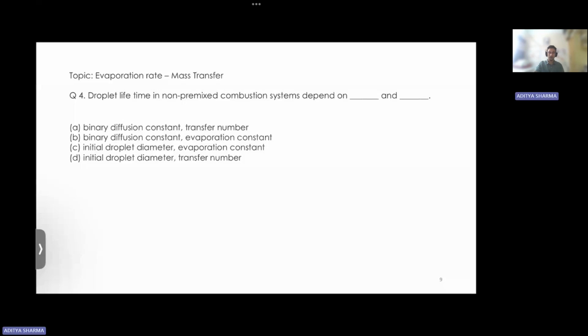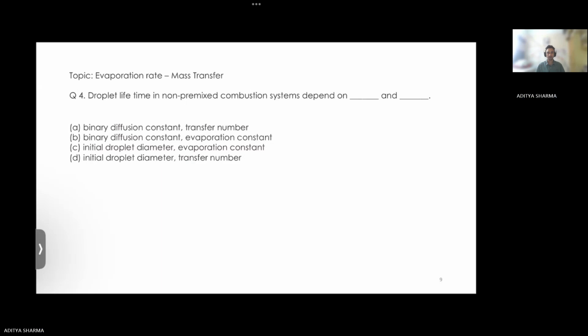First of all, what a droplet lifetime is. The droplet lifetime basically is the time taken by one droplet to completely evaporate.